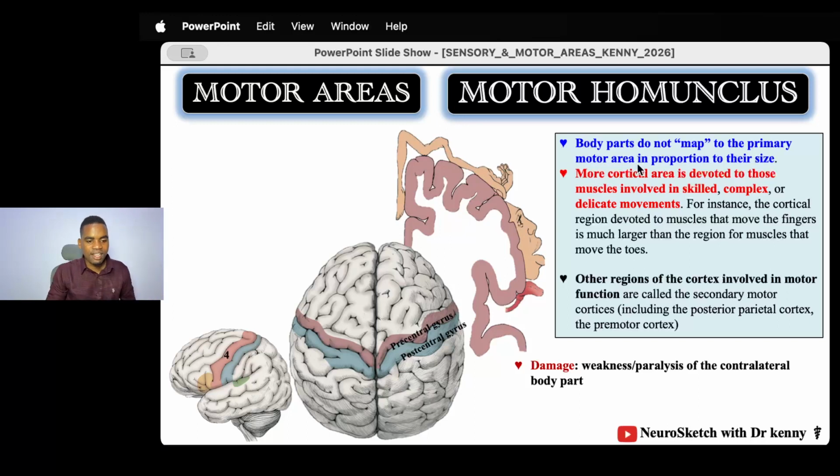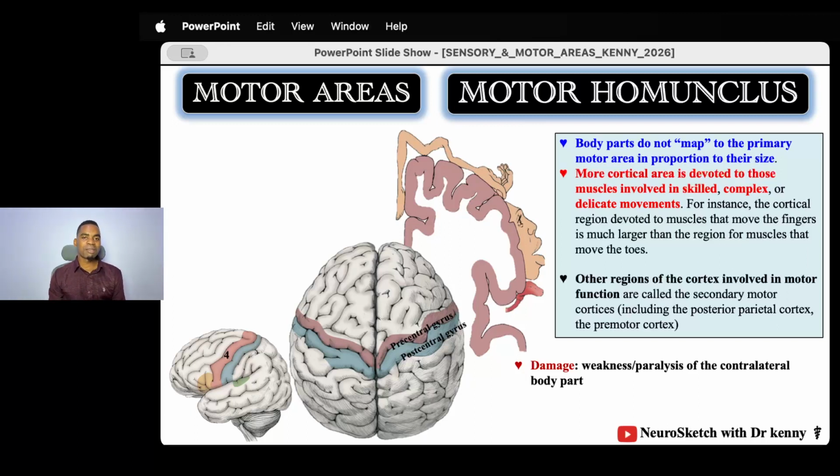For example, this region over here is taking care of the movement of the face. This region is taking care of the movement of the hand, the arm, the trunk, and the lower limb. And this region over here is taking care of the movement of the tongue. Easy. That is the motor homunculus.